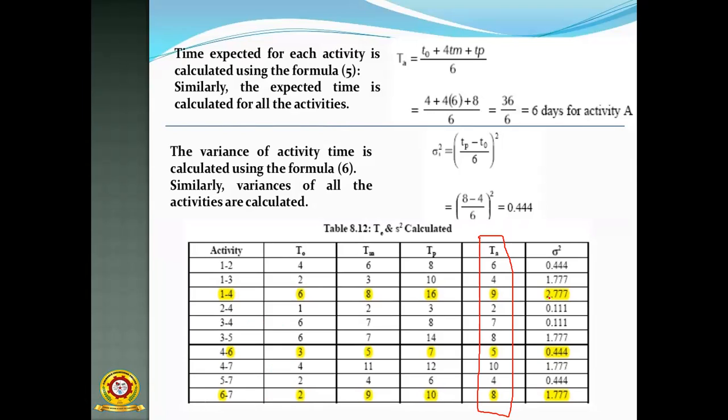Because we are considering only these three sigma values, 2.7777, 0.444, 1.777, for the final calculation. These three are important and the remaining are not considered. Just remember it.